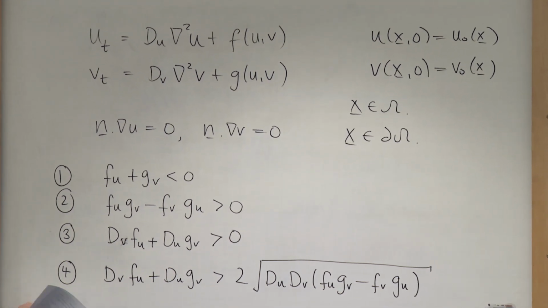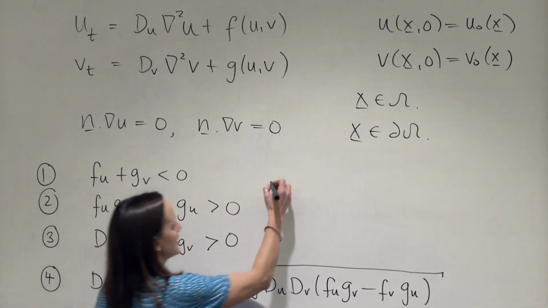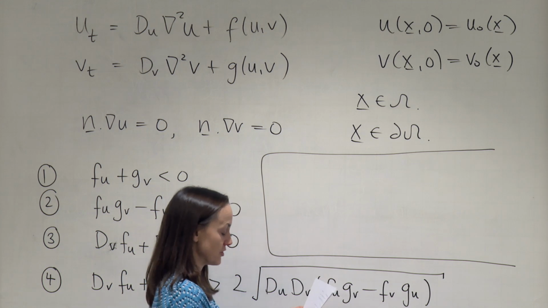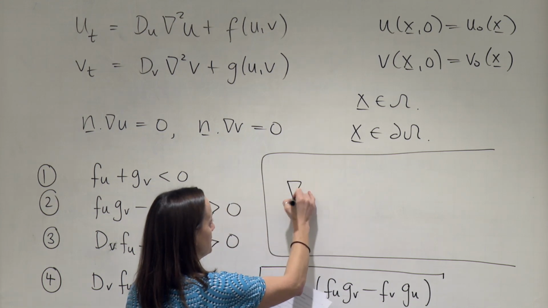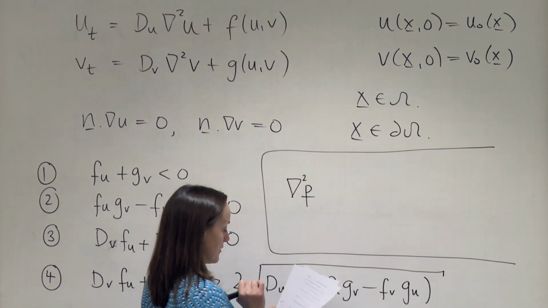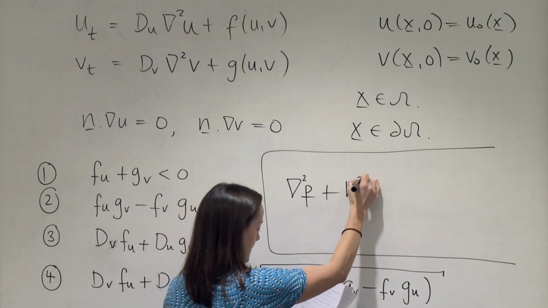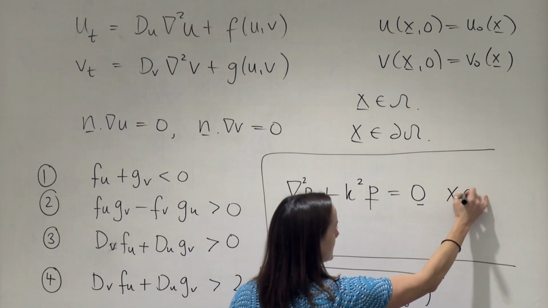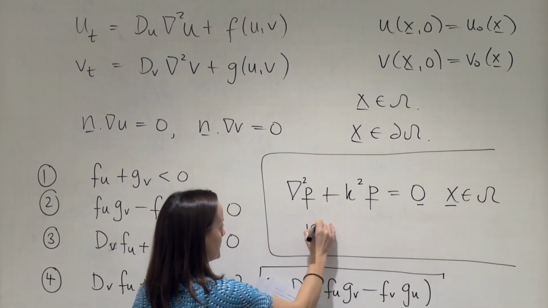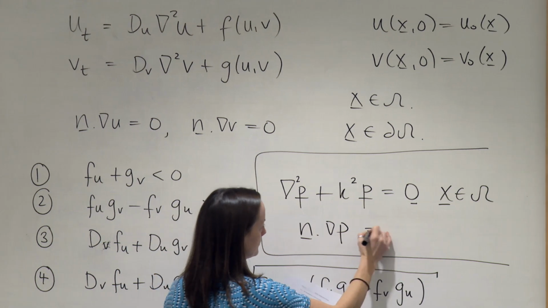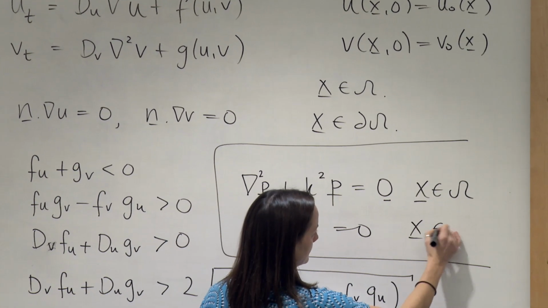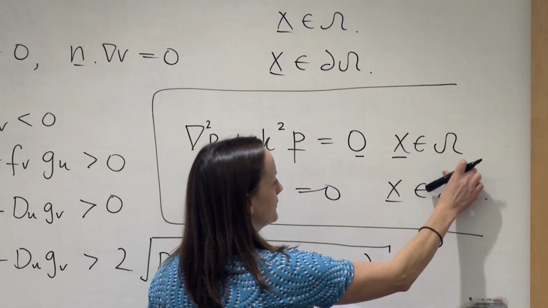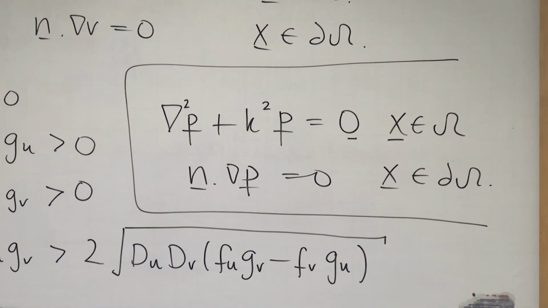But if you remember, strictly speaking, what we also need is to be able to find a solution of the form the Laplacian of P plus K squared P equals 0 for x in omega, with our boundary conditions. So the key thing is that we need these four conditions.